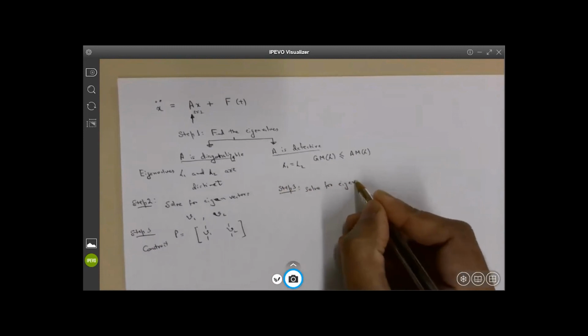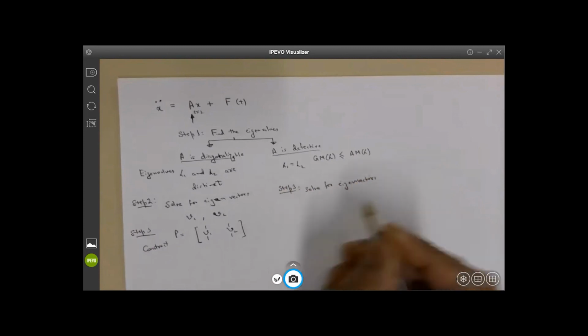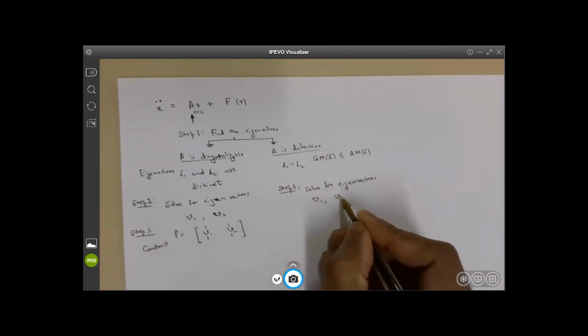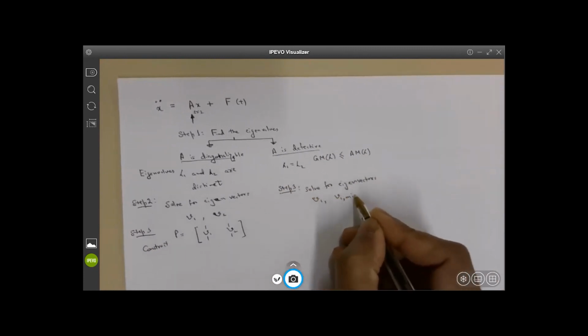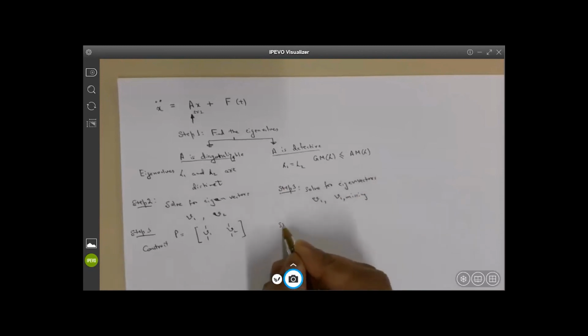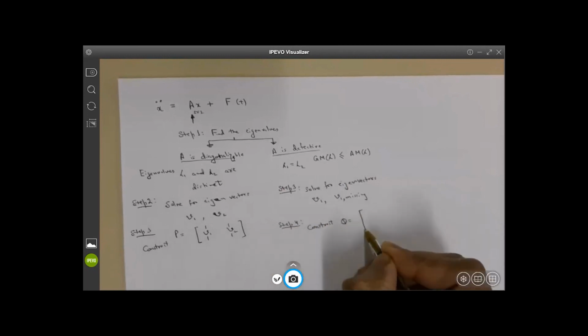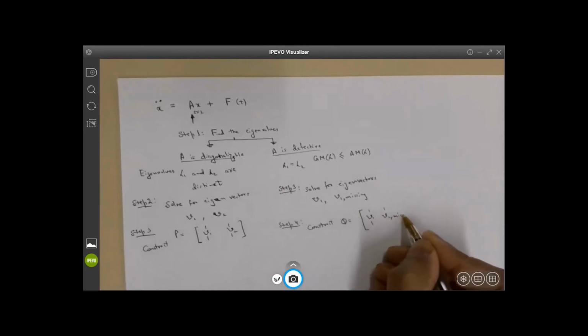In that case, you end up with V1 and V1 missing. I mean, one available and one missing. Step 4 would be to construct the Q matrix, which will be comprised of V1 and V1 missing. Let me know, guys, if you are with me so far or not.